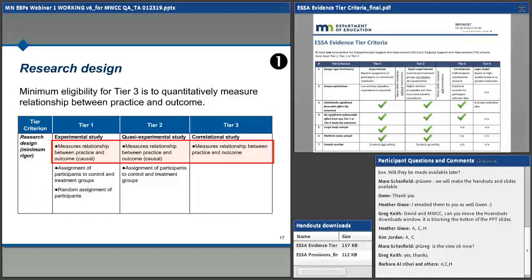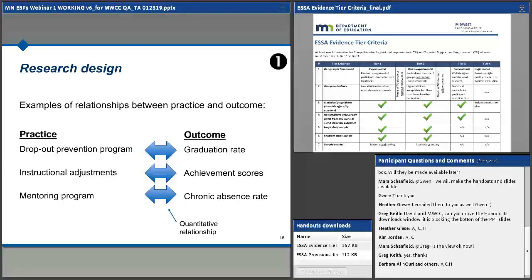But you see that tier 1 and tier 2 build on that to include additional elements of research design that increase the rigor. But the bottom line is that to qualify for at least tier 3 and meet the requirement, you have to at least measure the relationship between a practice and an outcome. So what does that mean? Well, it's very intuitive.